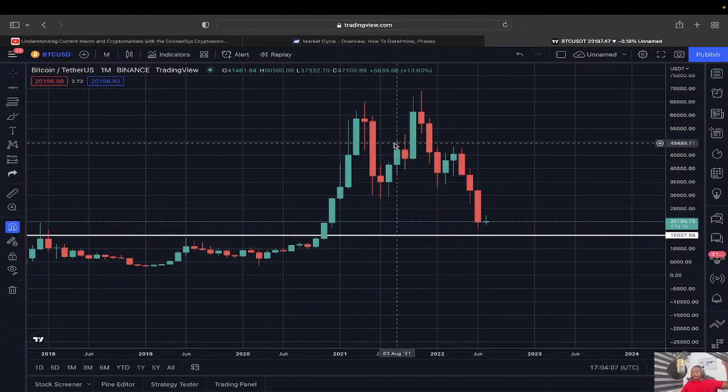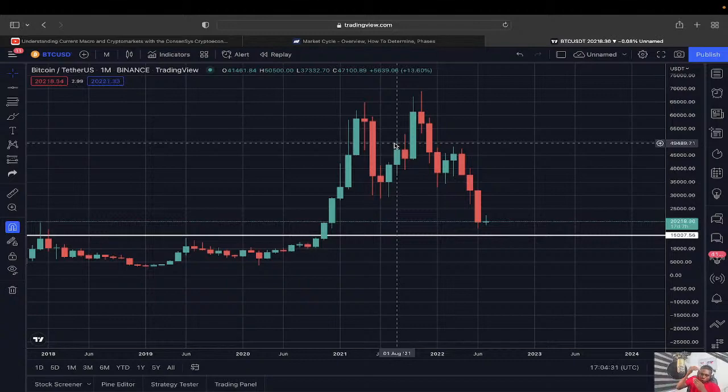We start from the higher time frame and then go down to the lower time frame, because the higher time frame gives you a broader perspective, while the lower time frame gives you a clearer perspective.